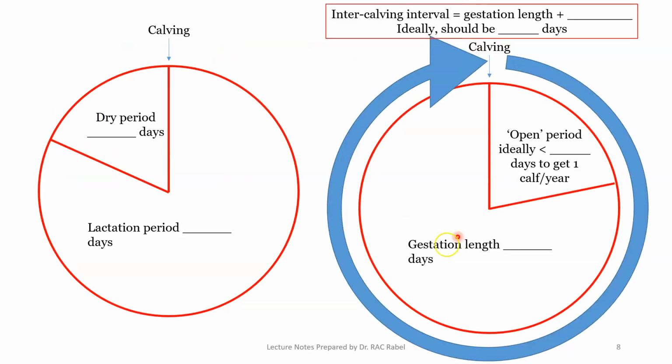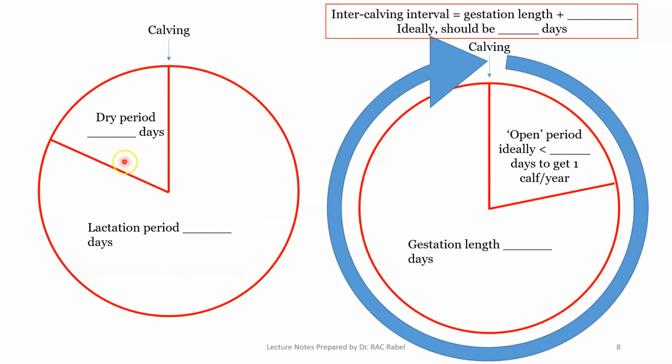As I mentioned earlier, the intercalving interval is either the lactation plus dry period, which is 1 year, or the pregnant plus non-pregnant period, which again should ideally be 1 year. So both of these should ideally be 1 year.